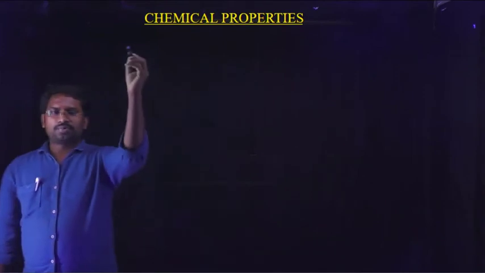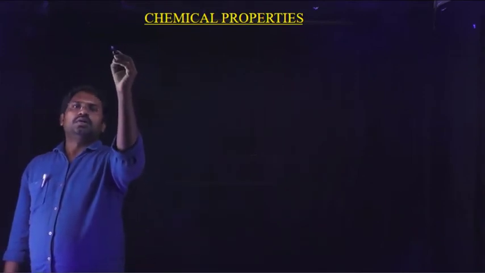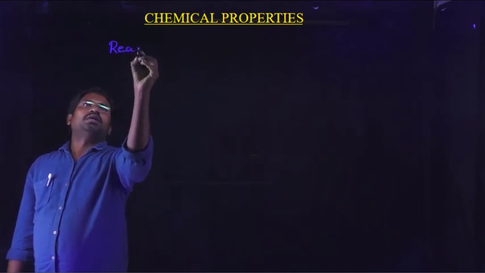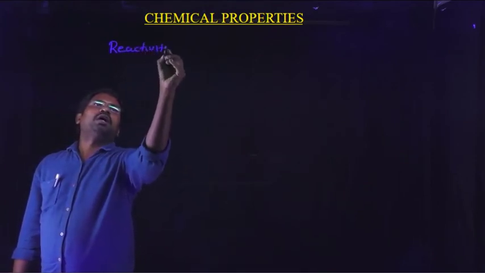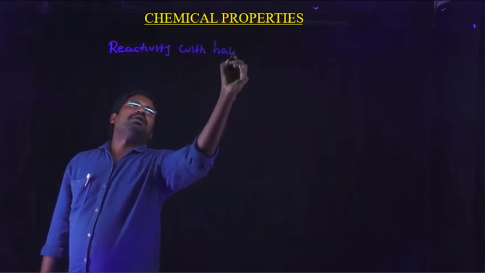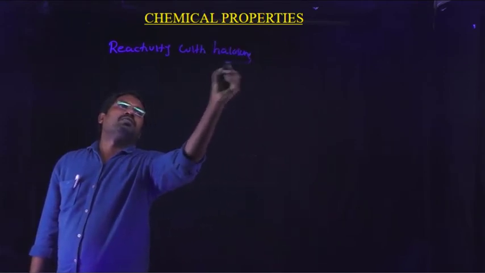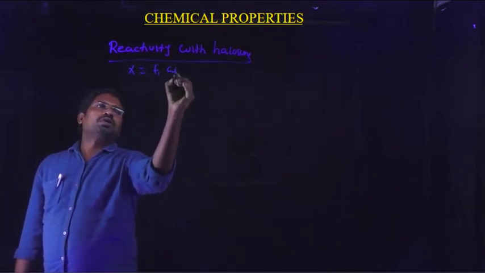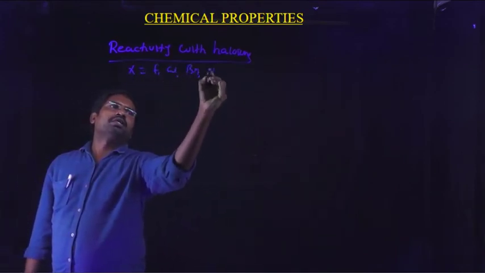Next chemical property, reactivity with halogens. So what are halogens? Fluorine, chlorine, bromine, iodine and astatine.